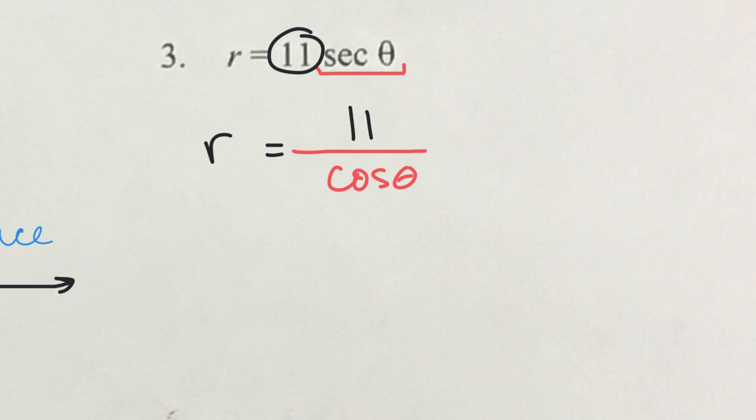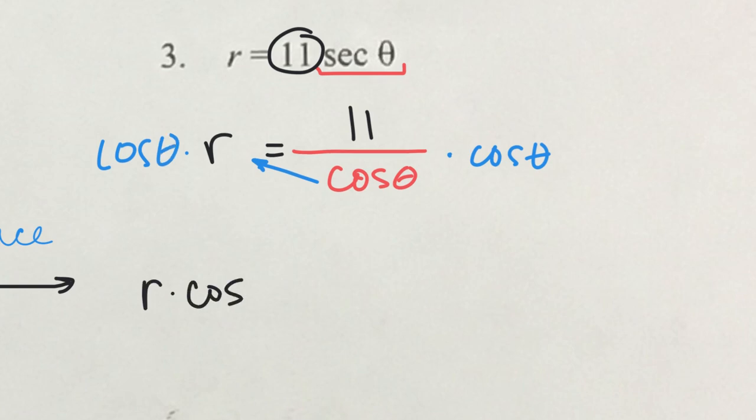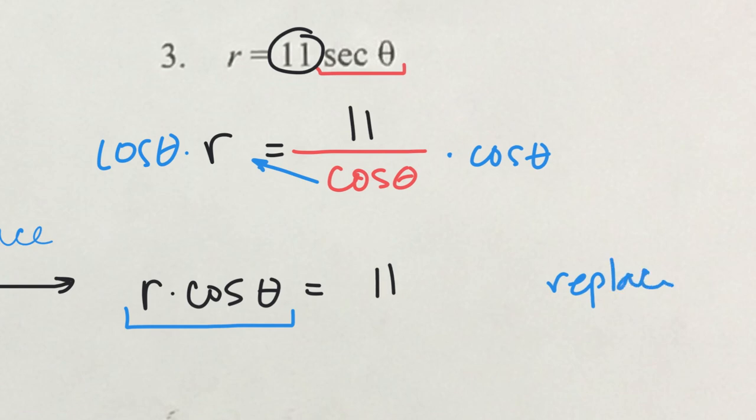To move cosine to this side, we're going to multiply both sides by cosine. So r times cosine equals 11. And now I have something that I can replace. What can I replace r cosine with?